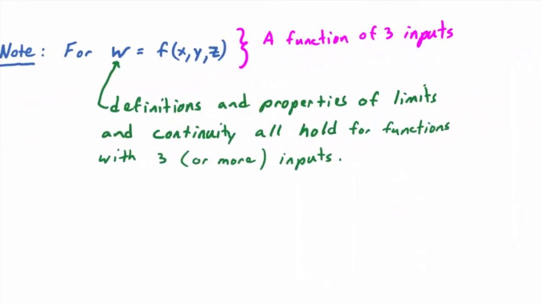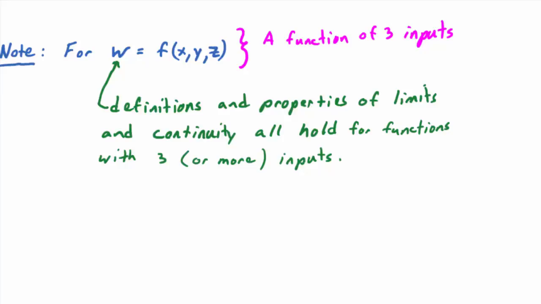Just one quick note, and then we're finished, I promise. I know it was a long lecture tonight. If you had a 3-input variable function like w equals f(x, y, z), everything we just talked about holds. You just can't graph it in space, because it has 3 inputs, 4 variables altogether: w is the output, and then x, y, and z. You can't graph that in 3 dimensions.